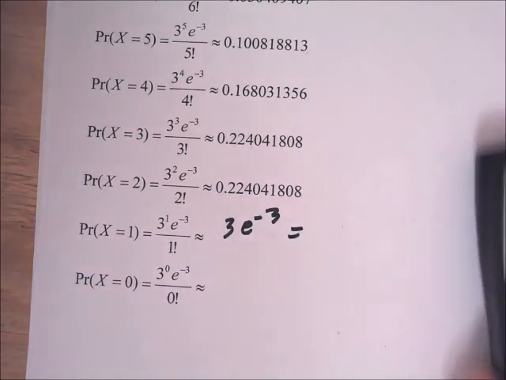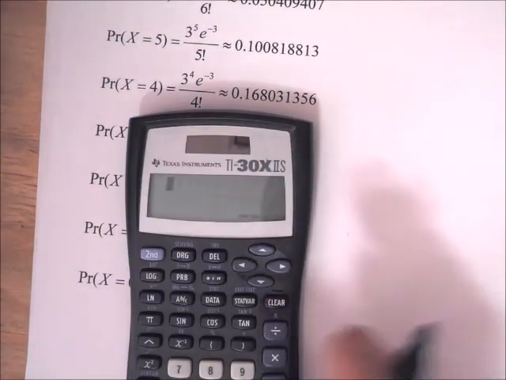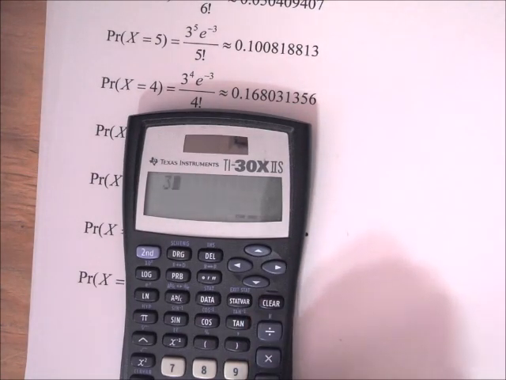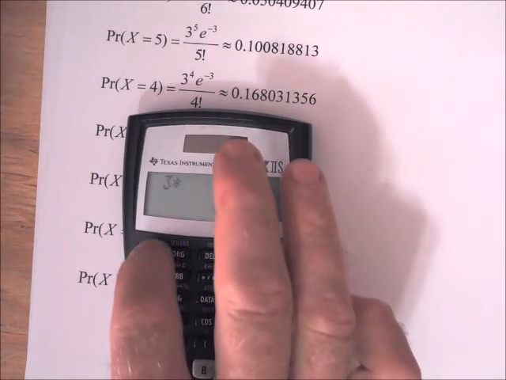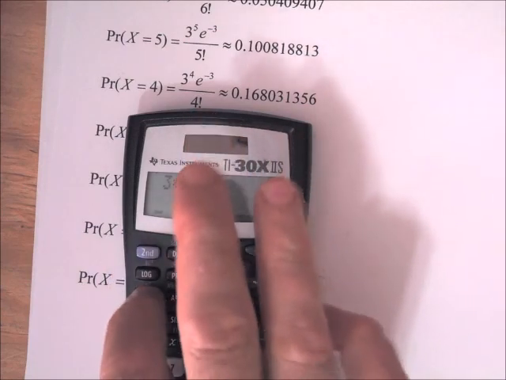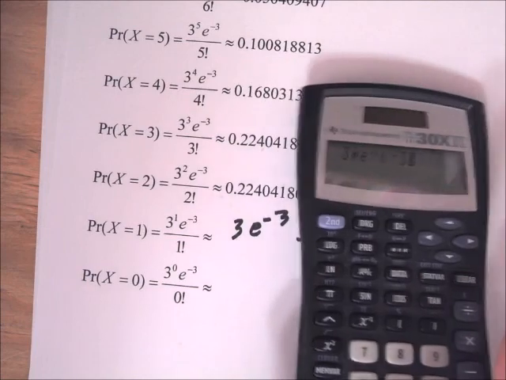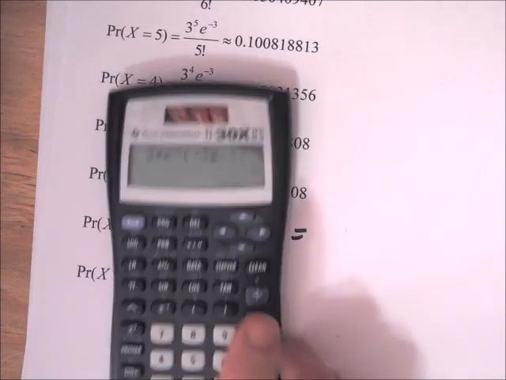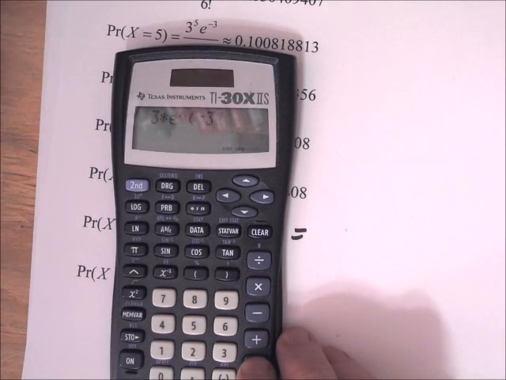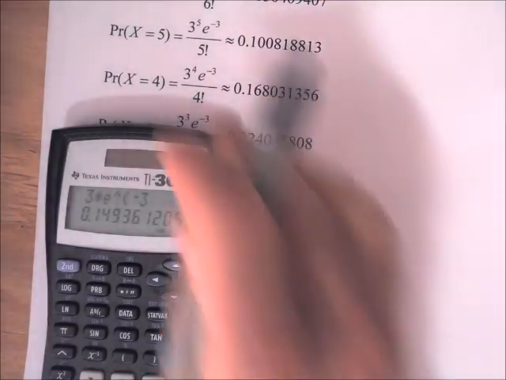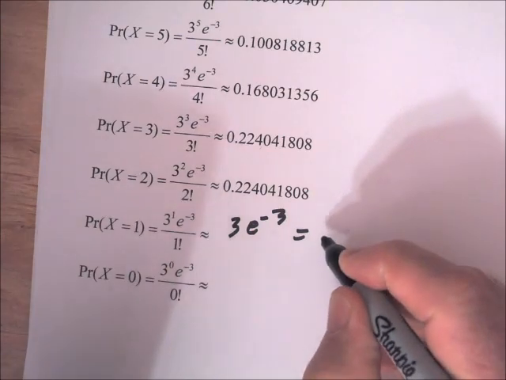So it's going to be 3 times, and then e is over the ln key, so second ln, and then we want a negative 3, so not the subtract symbol, the minus sign, minus 3, and you don't really need to close the parentheses here, because if you push equals, it automatically closes parentheses, and I get 0.149.